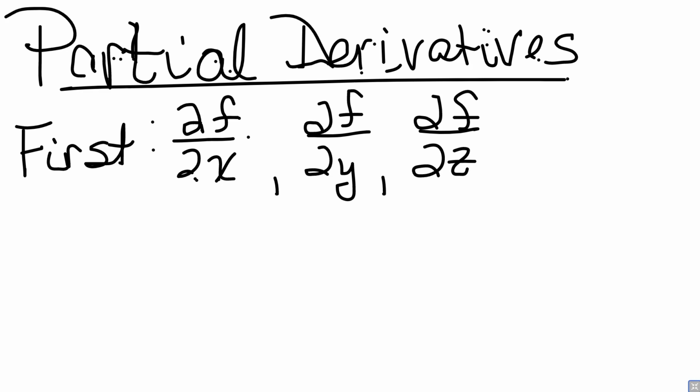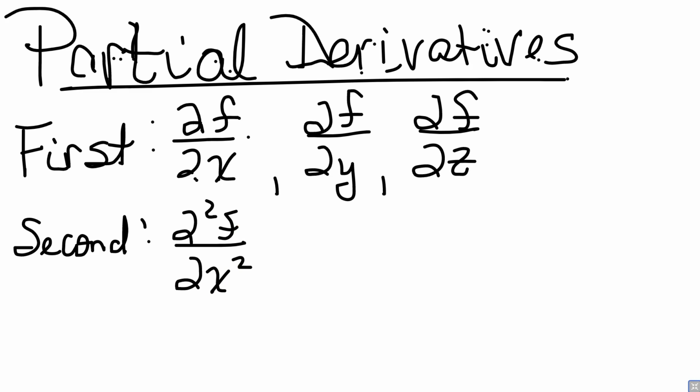Now, we also have what we refer to as our second order partials. We've got the partial squared of f in respect to x squared, and the partial squared of f in respect to y squared. And then we also have what we call the mixed partials.